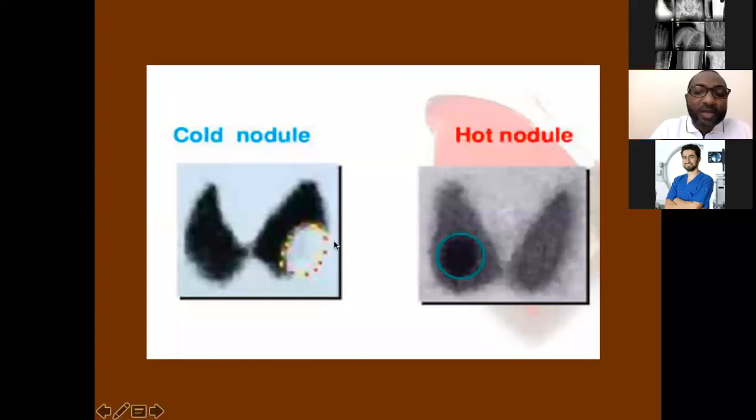If it is a hematoma, you then realize. But if it is a solid single nodule that is cold on a thyroid scintigraphy, the likelihood of malignancy in this setting is about 15 to 20%. And therefore, biopsy or fine needle aspiration is mandatory in this kind of patient. In a single toxic nodule, biopsy is not indicated because the likelihood of malignancy is less than 1%.